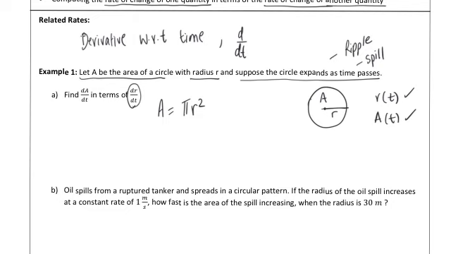And so on the left, like we did in implicit differentiation, we're going to differentiate both sides. So on the left, I get dA/dt. On the right, I would get pi, which is a number. And then let's think about r squared. r squared means it's this radius function, which is some equation in t, squared, right? It's that radius equation squared.